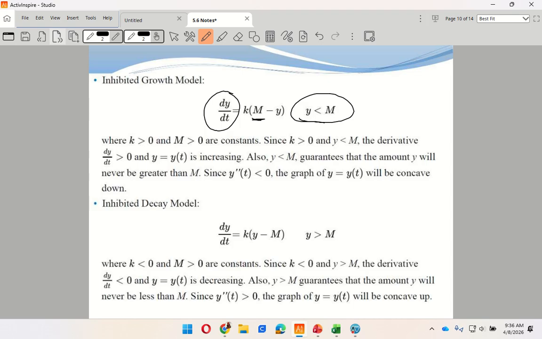So I should have some value because this is a growth model, and now in a decay model, which is slightly different, y is more than my maximum because it's actually starting here and going down. So same thing here, so it goes backwards on that one. So we know that the rate of change is going to give me some values that are right there. Now, do you need to actually be able to do this with these right here? No, these are part of the models to go along with it.